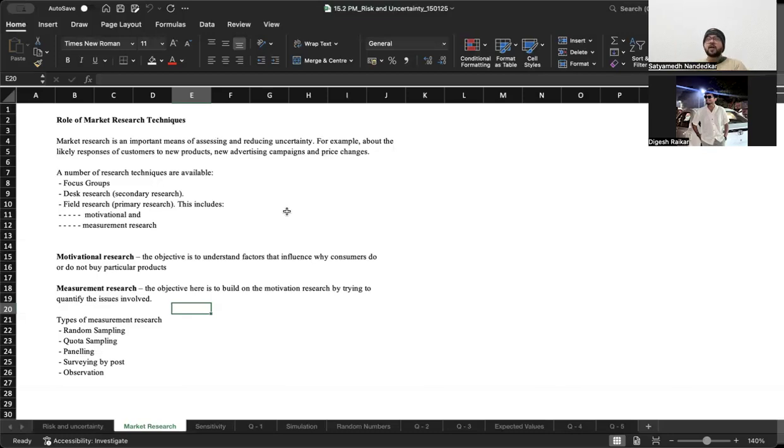Then desk research. You see, somebody else has done the field research. Field research means actually getting on the floor, on the field, and conducting a survey.